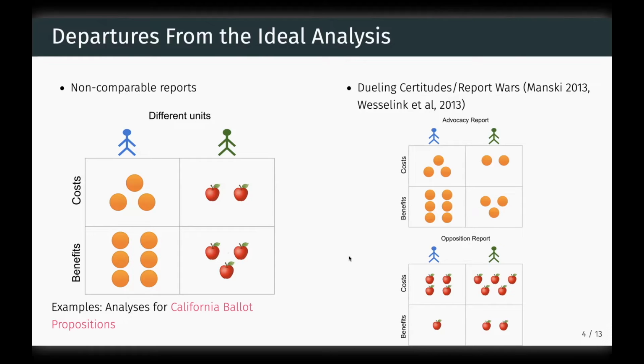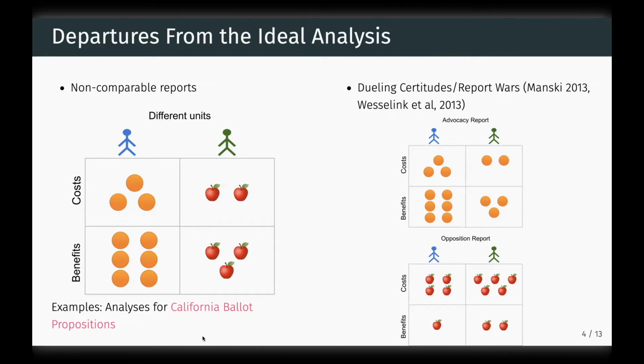I say this because this is in contrast to what has been more posed at a theoretical level in literature, where Manski in economics and Wasserman in political science have proposed this idea of report wars or dueling certitudes, where basically you have opposing reports and advocacy reports that come to a table with the same type of analysis, and one shows different results.